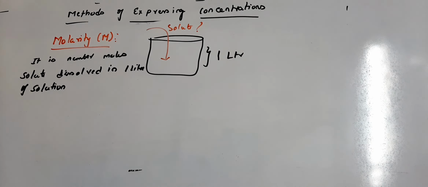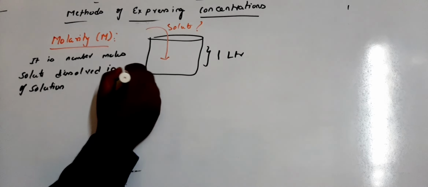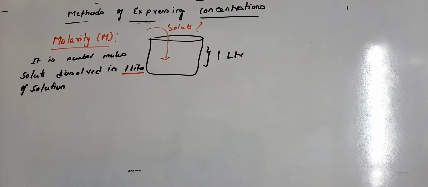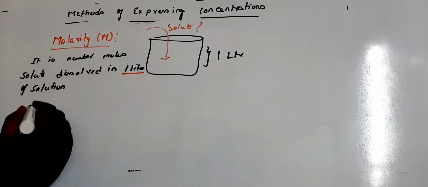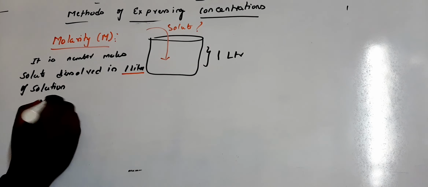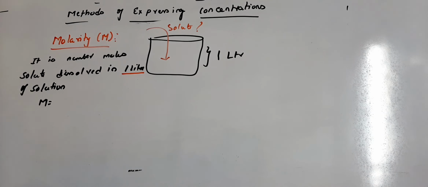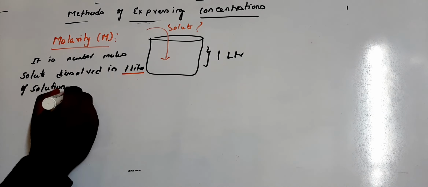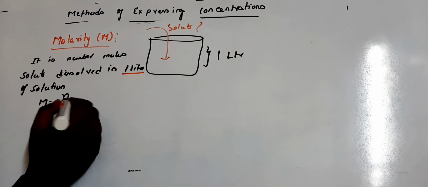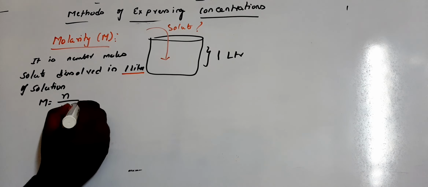Remember one thing, students, here I am using liters. It is denoted by capital M. The number of moles of solute is n, and the volume V is in liters.